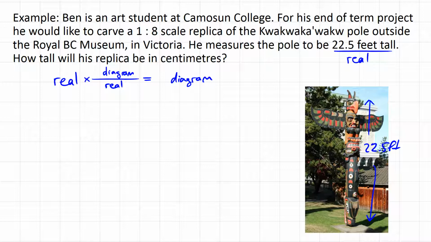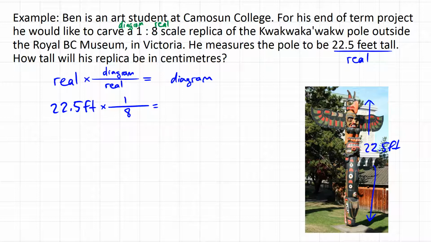So the real life distance is 22.5 feet, and we're going to multiply that by our ratio. And again, our ratio always goes diagram to real. So if we want diagram on top, that's 1, and real on the bottom, that's 8.